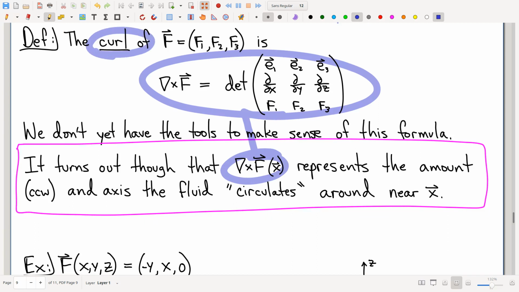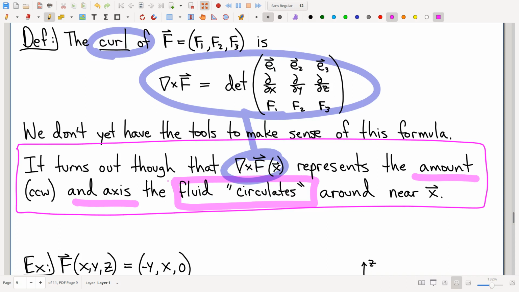In some loose sense, it tells you how much and around what axis there is what we call a circulation of fluid. So it's not about the extent to which fluid is flowing outward, it's the extent to which fluid is rotating or turning, you might say. So we call this circulation.